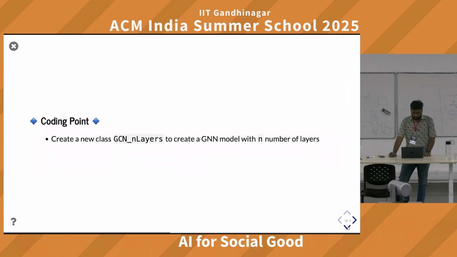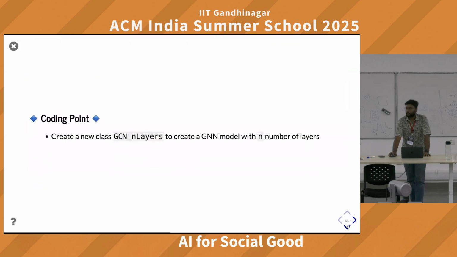Okay. So now, since we have written code for a 2-layer GNN, what if we have n layers of GNN? We cannot keep adding conv 1, conv 2, conv 3, conv 4 like that. We have some smart way to have n layers of GNNs, right? So just write a new class, GCN n layers, where you can take n convolution layers while keeping the same hidden channels, input channels, out channels.